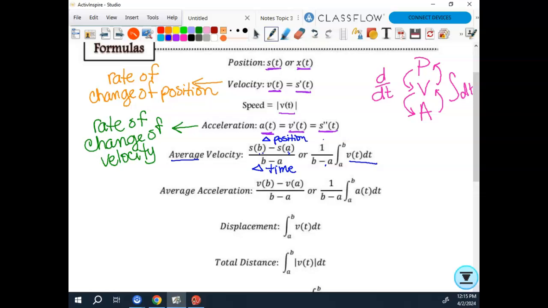So with acceleration, you have the change in velocity over the change in time, or you integrate acceleration and multiply it by 1 over B minus A. Does that sound familiar? I'll take that as a yes. Okay.